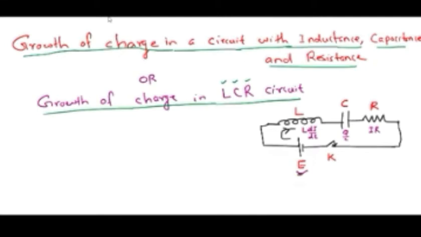Similar to the case where we discussed the growth of charge in RC and LR circuits, here also we can write the net voltage as L into di by dt, the voltage across the inductor, plus Q by C, plus the voltage across the resistor, IR.